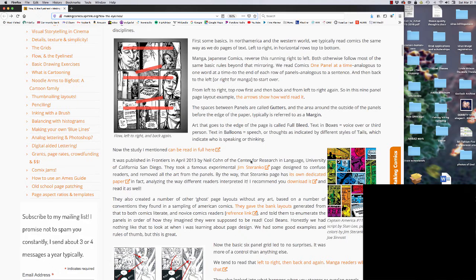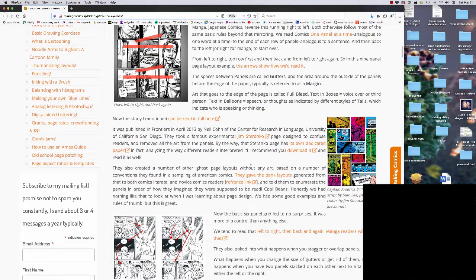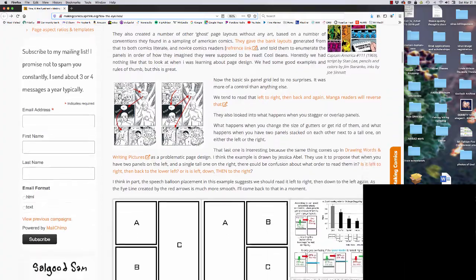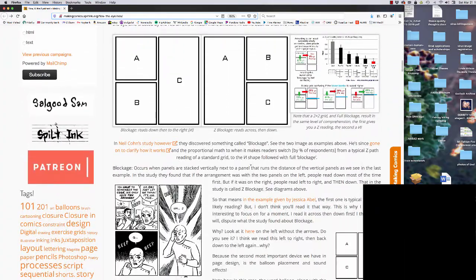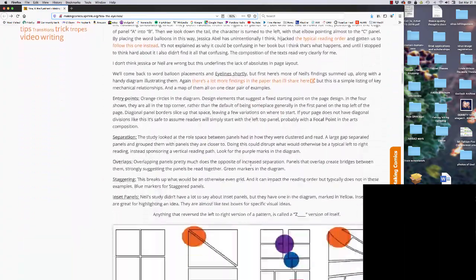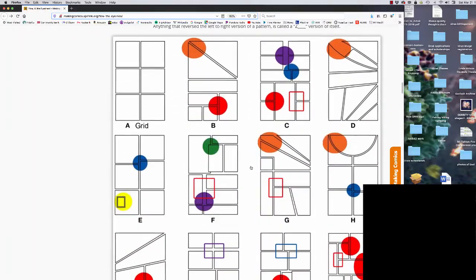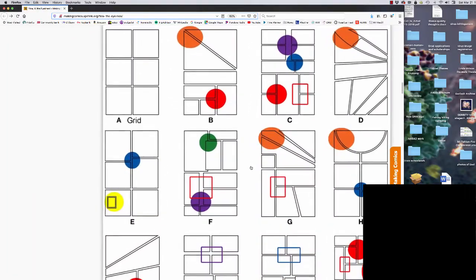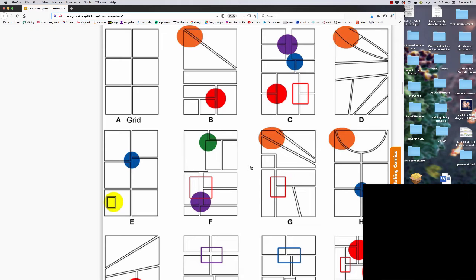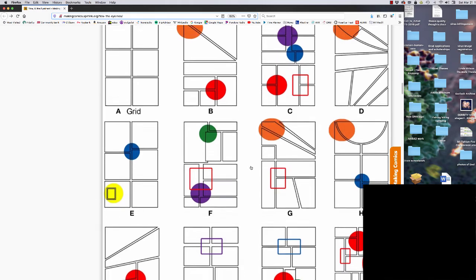Now, something simple like the example I just showed, where you have a simple 9-panel grid, it's very easy for the eye to follow the sequence of the story. But this article is interesting because it goes on and talks about lots and lots of other kinds of layouts that don't necessarily involve just a simple, straightforward grid with 4 panels or 8 panels or 9 panels or whatever the case may be.